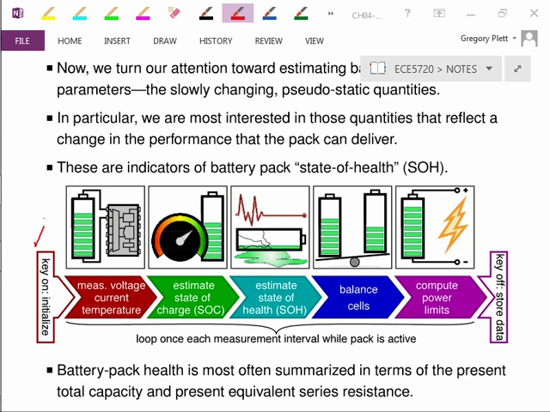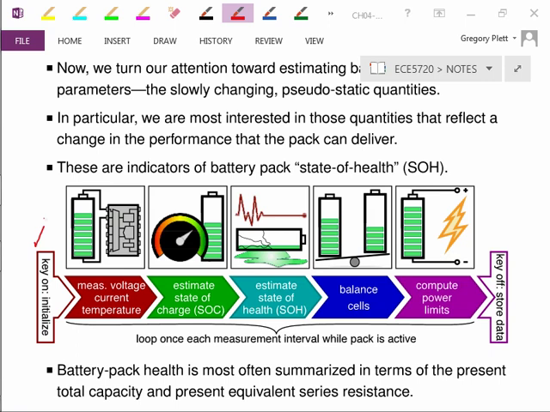I've shown state of charge as being a representative state, but now you also know that it's possible using some kinds of Kalman filter to estimate the complete state. So we could estimate the hysteresis state, the diffusion current state, or whatever other state elements might be in our battery model state vector. And now we get to this section right in the center of the loop that we've called estimate state of health.